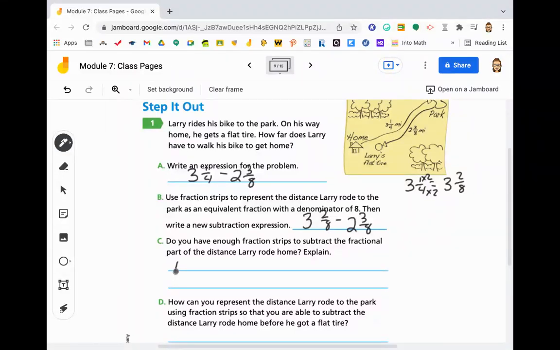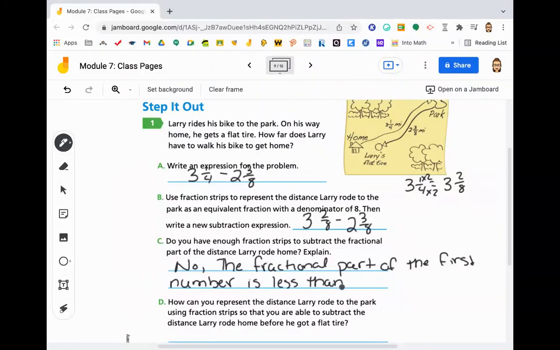And the answer would be no. The fractional part of the first number is less than the fractional part of the second number.